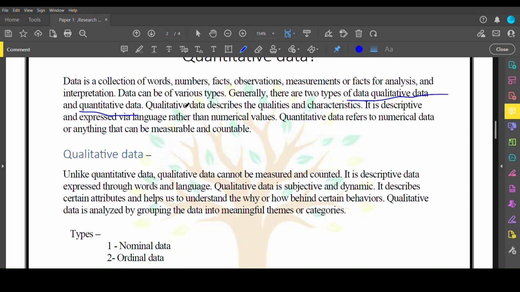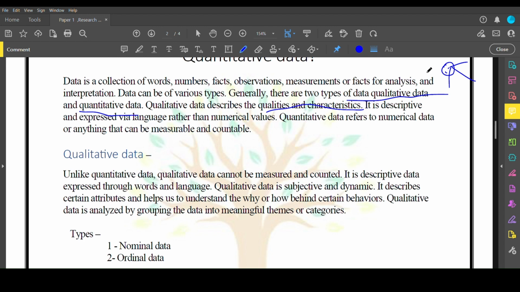In qualitative data, we describe the qualities and characteristics of the data. Here we don't talk about numbers. There are particular segments in the data, like an apple can be green or red; you cannot say an apple is pink.